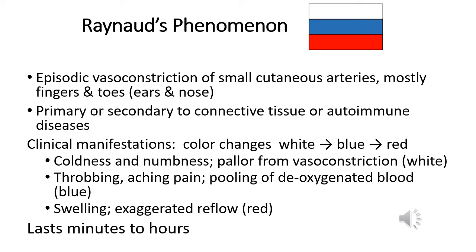Coldness and numbness also occur at this time, and so it looks white. And then following that is a change to a blue or a cyanotic color. And at this point, there begins to be throbbing, aching pain as deoxygenated blood is pooling in the distal extremities.